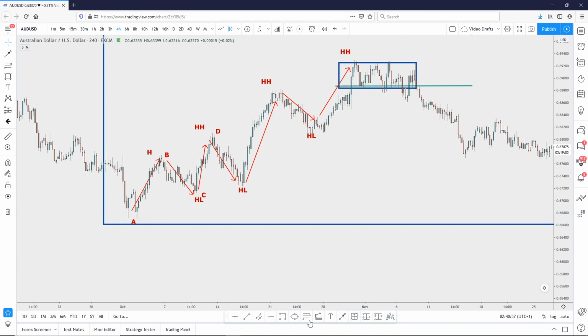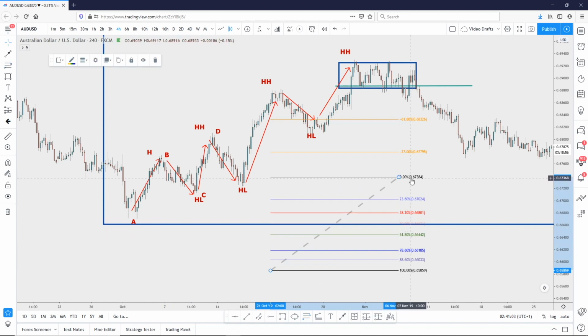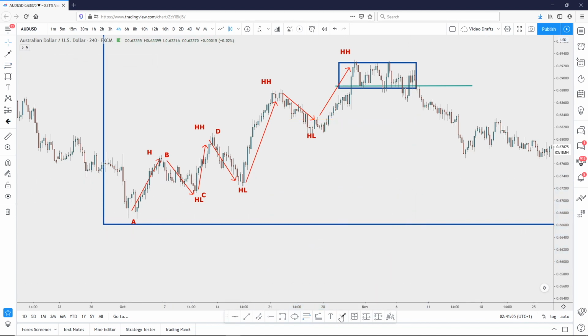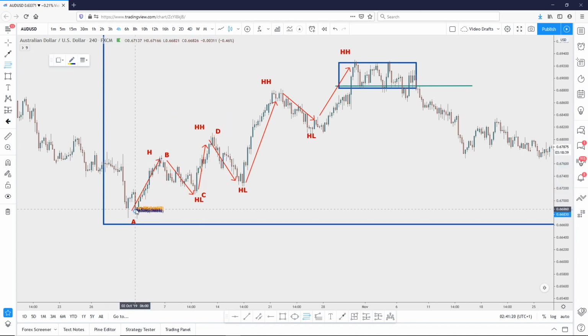Okay, so I want you to practice drawing. I want you to get a habit of clicking here, here, boom, drawing your Fibonacci. I need you to just practice this, get comfortable using this tool. Okay, so we're just going to start here. We're going to start at the base. So that's point A. See that?